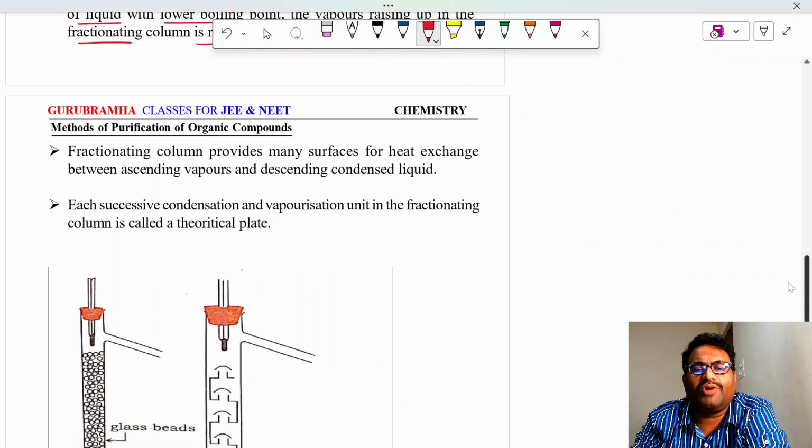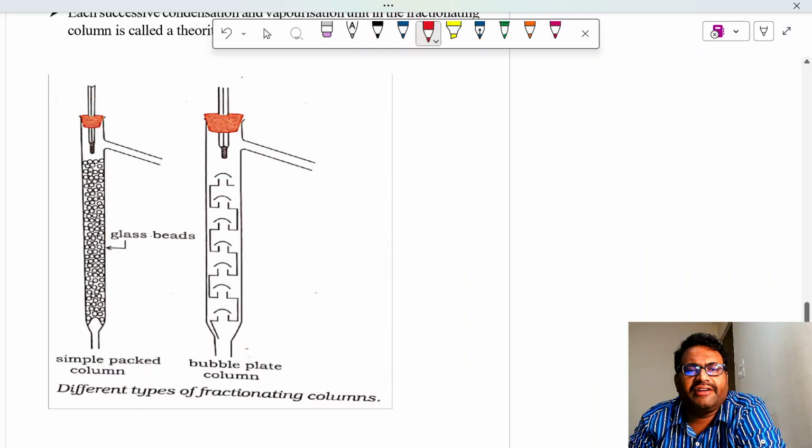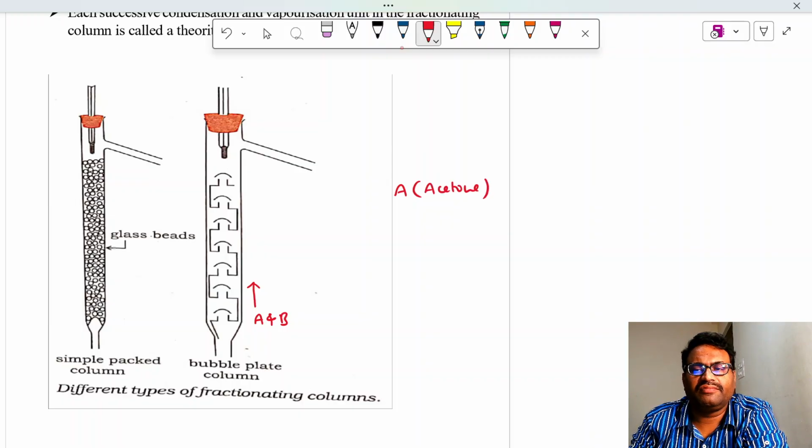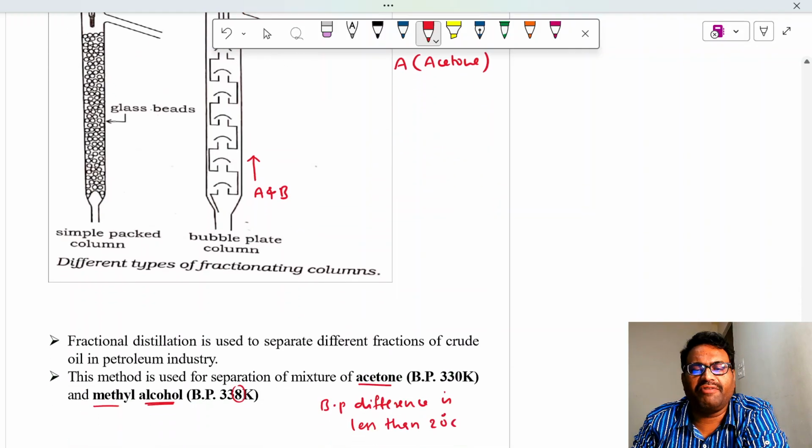Okay, right? What are now taken? Two liquids. You are heating, so liquids A and B both are moving up in this direction, in this way. When they are moving up, you know that A is acetone, and B, what did we take?